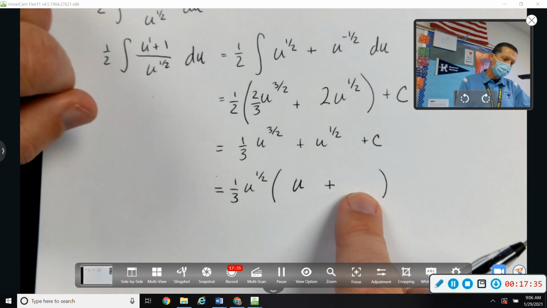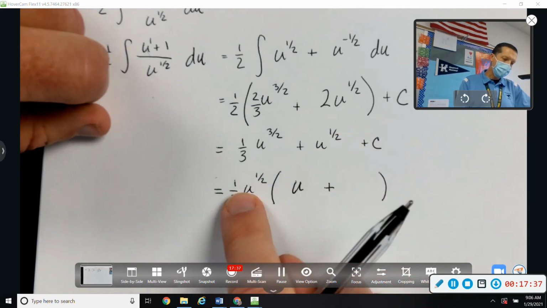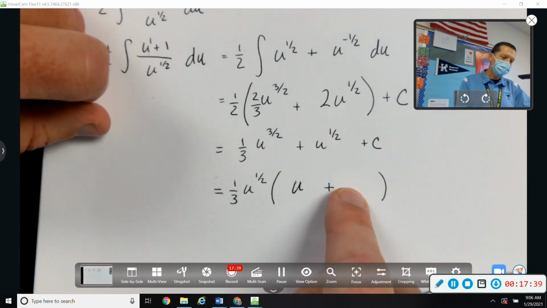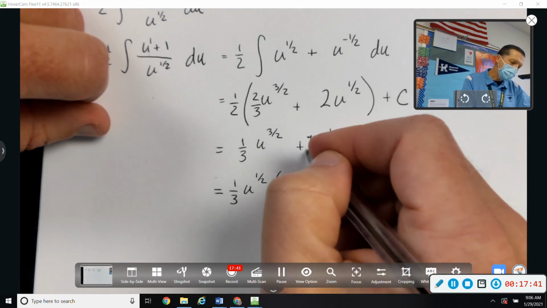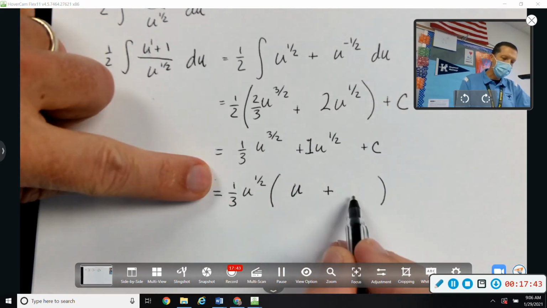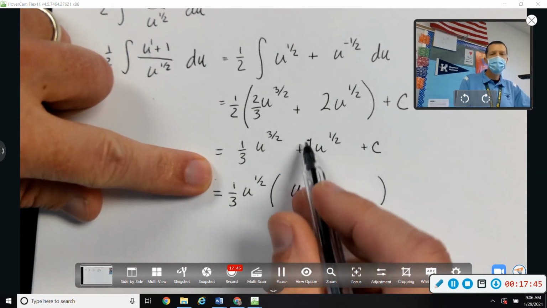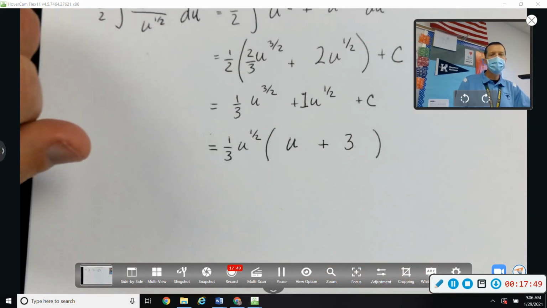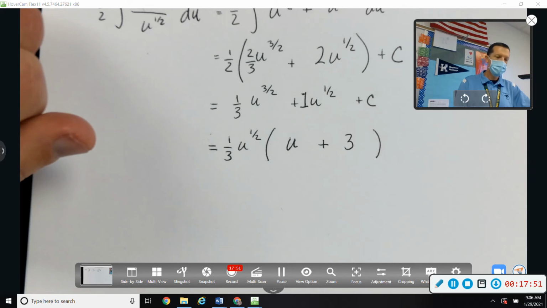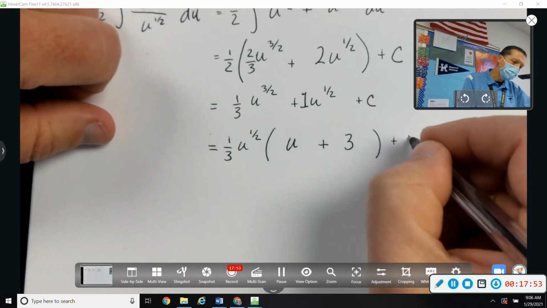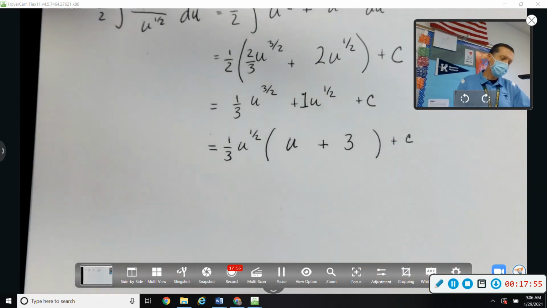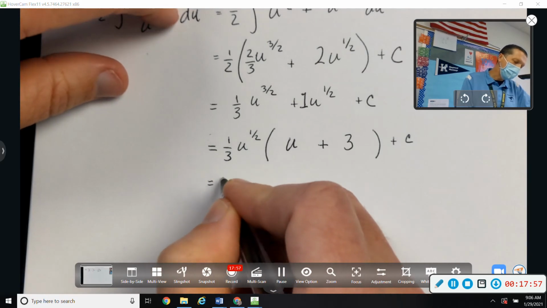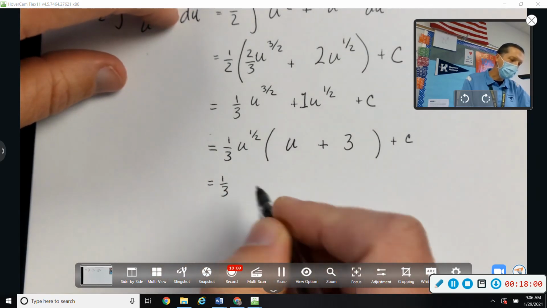In the second blank, I got the 1/3 u to the 1/2 out of there, so it just needs to be 1/3 times what would get me to 1? 3. Plus c. Although if you ignore the plus c and just throw it on at the end, that's fine, but you end up forgetting it if you try that way.